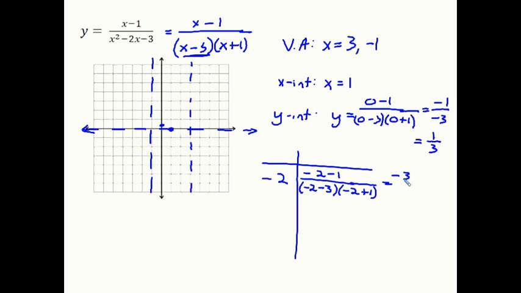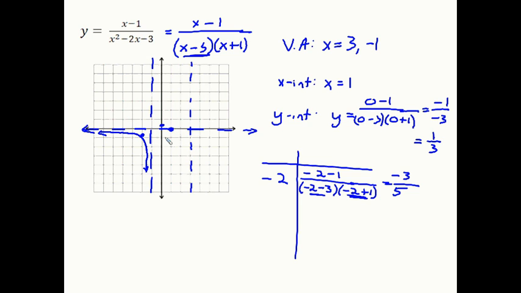That gives us a negative 3 in the numerator. This part would be negative 5 times negative 1 is 5. So we have the point negative 2, negative 3/5. Judging from our asymptotes, this branch of the graph would look like this, because there's no x-intercepts there, so it doesn't cross the x-axis, and we have this vertical asymptote.